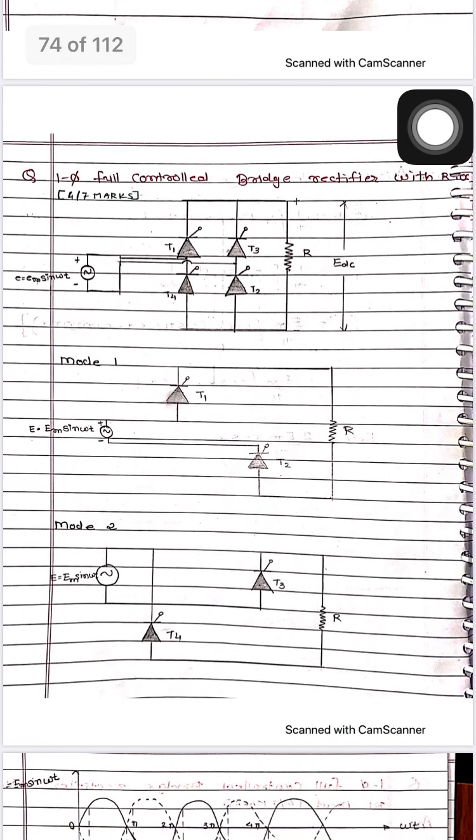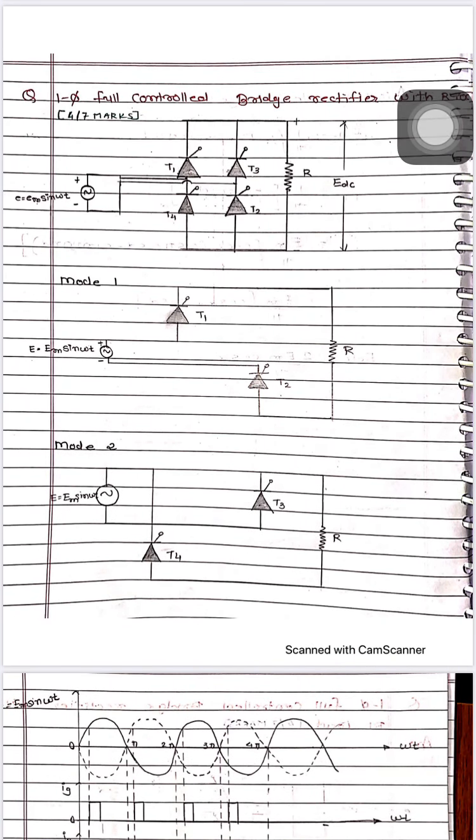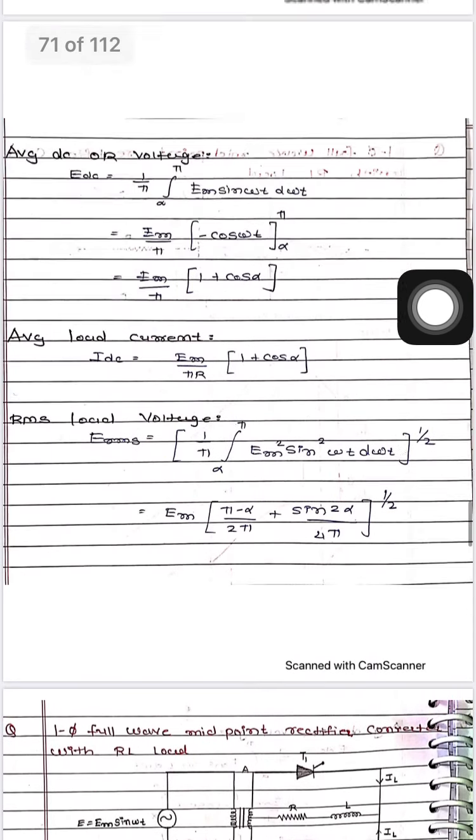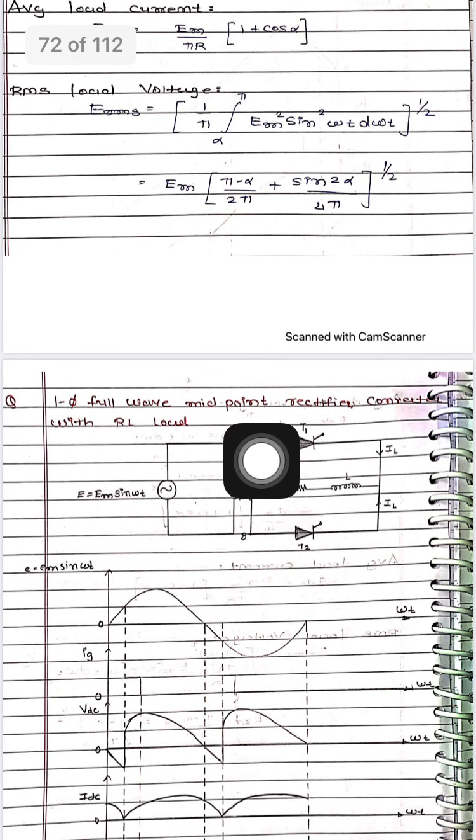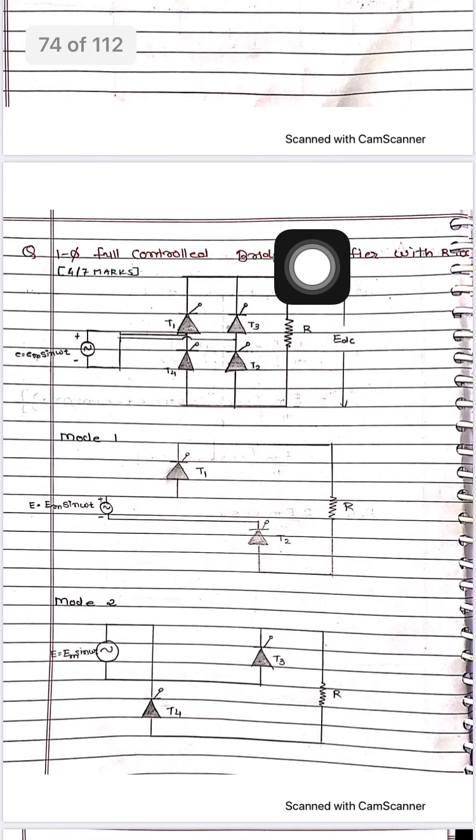Similarly, for the full bridge rectifier there is another technique. First is the midpoint type, in which my load is between 2 thyristors. Now, in the bridge type there are 4 thyristors which are anti-parallel connected.